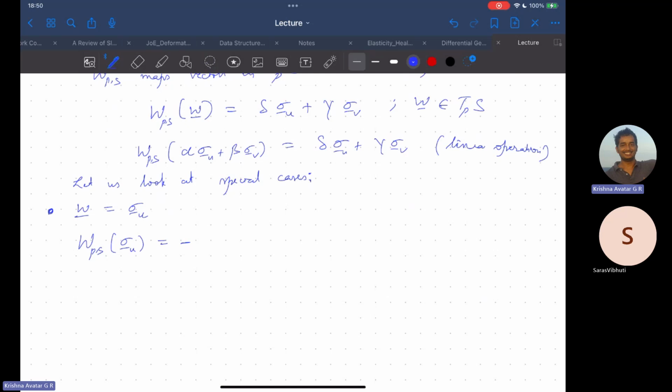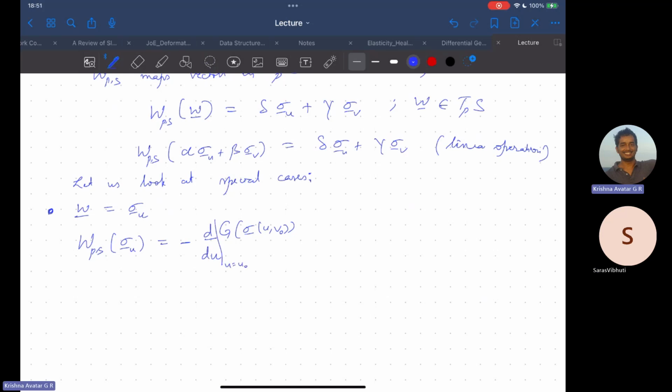So I want to look at d by du of G of sigma vector (u, v_0) at u equal to u_0.